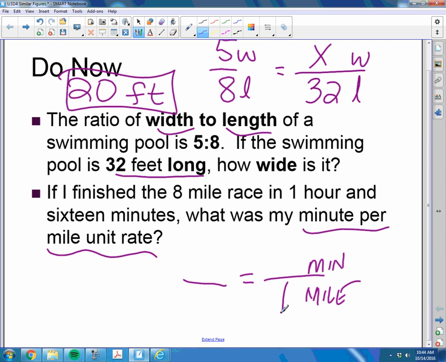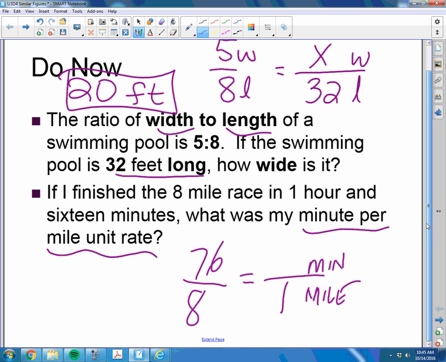So what goes on the left? Alex, what did you get on the left, please? 76 over 8. Because you have 76 minutes in 1 hour and 16 minutes. So now what do we do to solve?